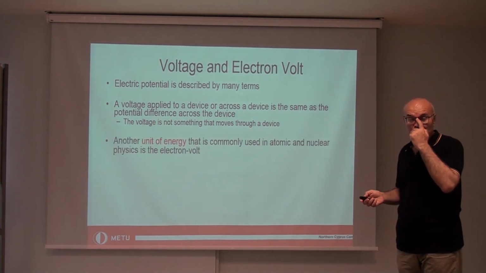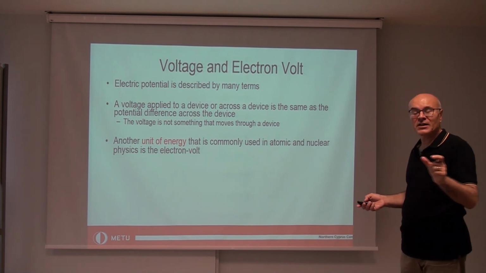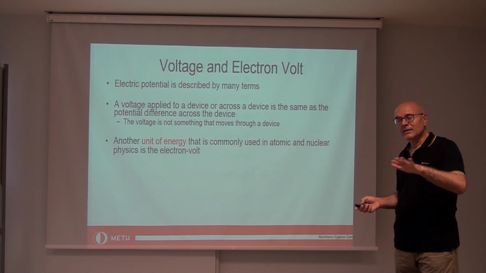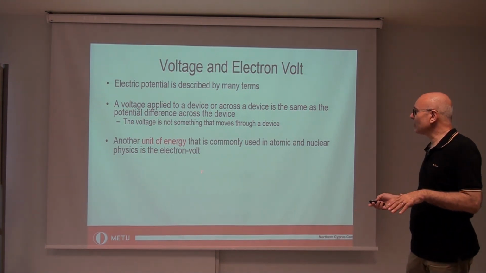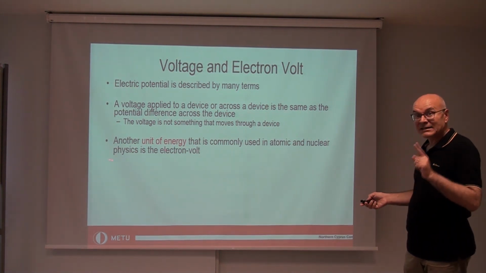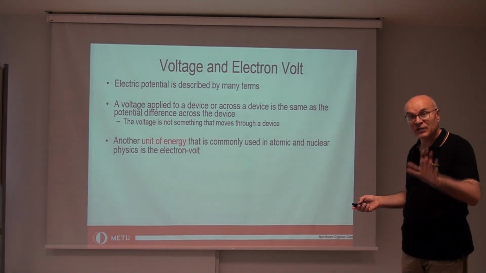There is another unit of energy other than the joule that is used, especially when you are talking about the atomic scale. This is the electron volt. Look, although it looks like volt, it is not a unit of potential. It's a unit of energy.